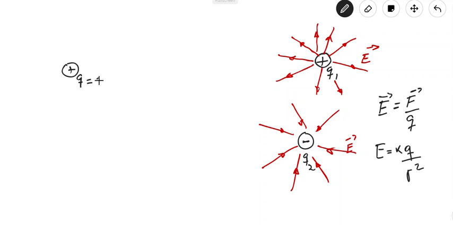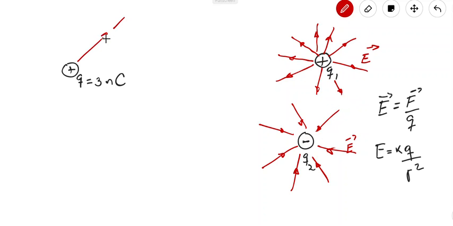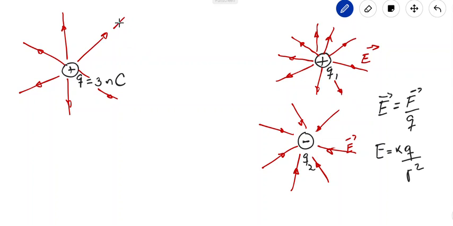Q equals 3 nanocoulombs. And then I want to find the electric field at a distance of 1 meter from this charge. So I will just have a point that I will call point A. And I'm going to say that point A here is just 1 meter from the charge Q.